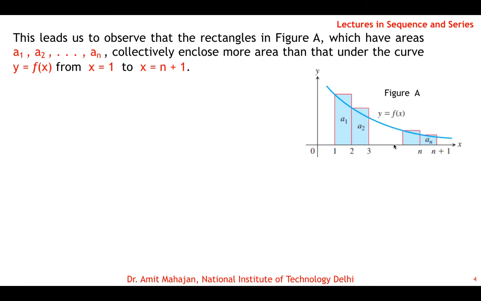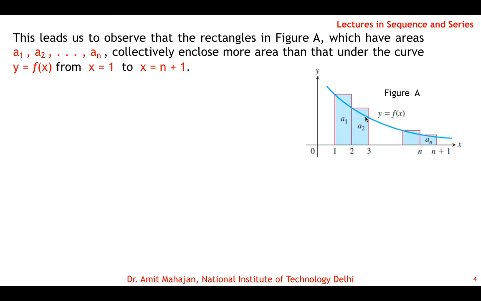So from this figure we can easily observe that the sum of the areas a1 plus a2 plus so on an is greater than the area under the curve y equals f(x), where x moves from 1 to n plus 1, because there is some area which is above the curve.